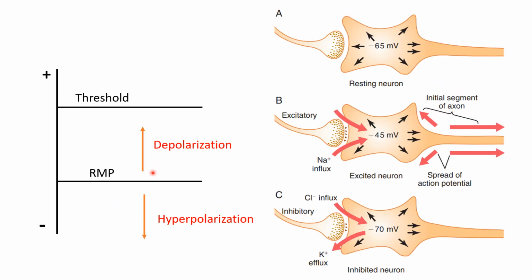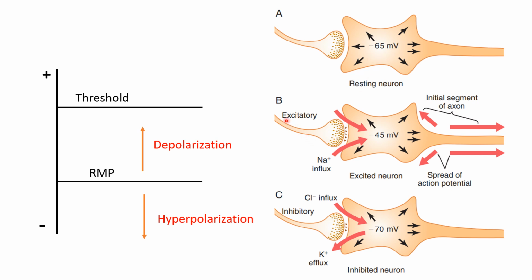And as you know previously, each type of cell has its own resting membrane potential, thus any change toward the positive charge, a less negative number, will be called depolarization, which results in excitation because it's reaching toward the threshold, whereas any change to a more negative number, hyperpolarization, will be inhibition of this neuron because it will be further away from the threshold. This is the resting membrane potential of this neuron, which is minus 65.